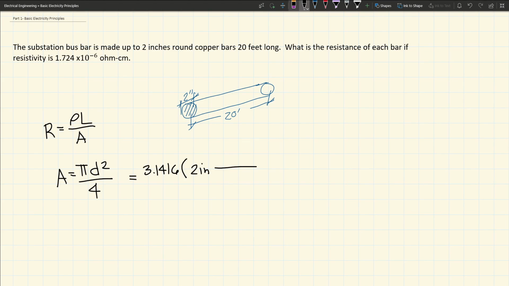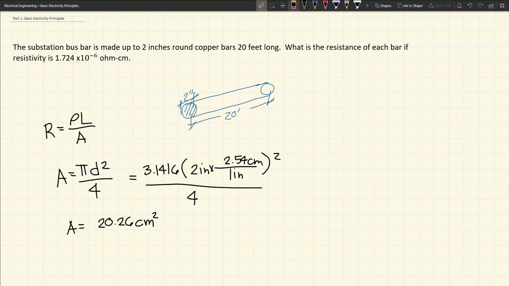Now we convert this into centimeter. So 1 inch is equal to 2.54 centimeter. Now our area is 20.26 centimeters squared.